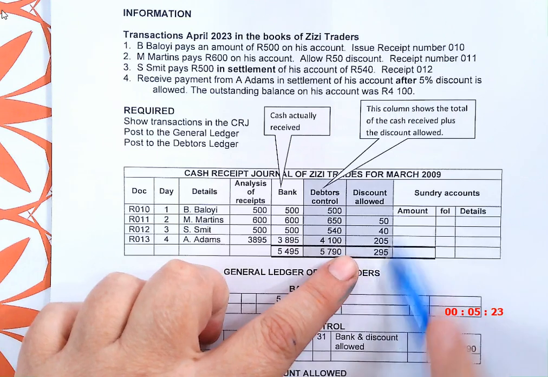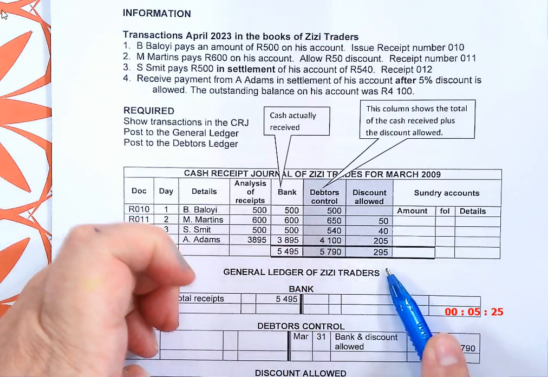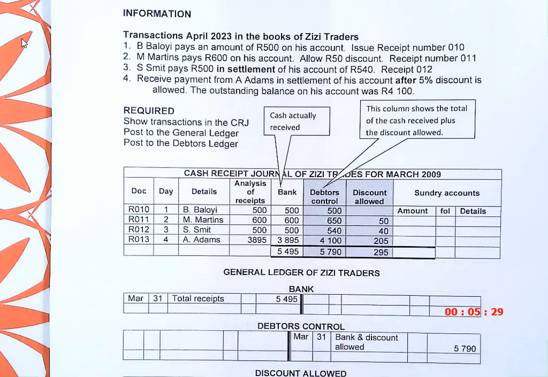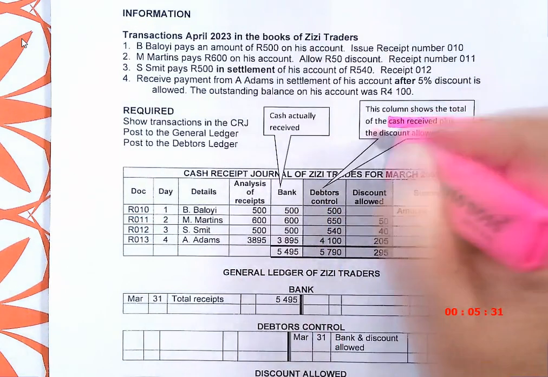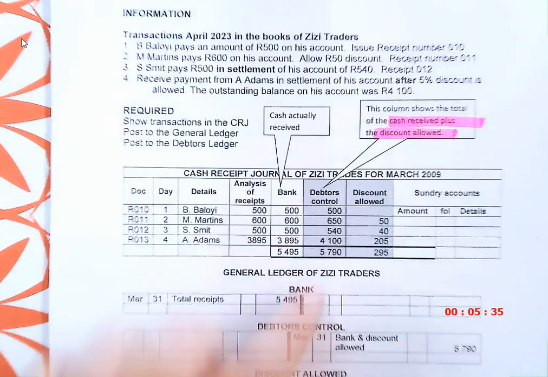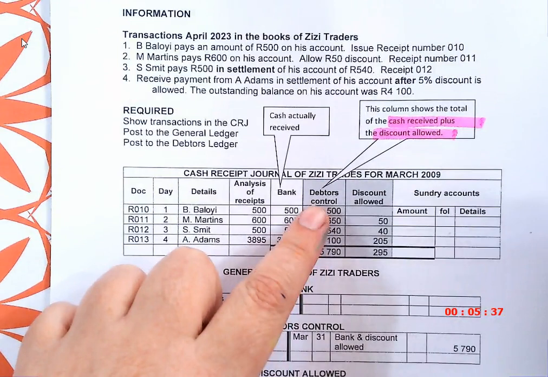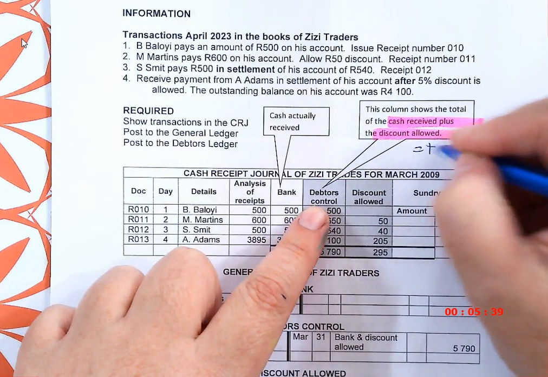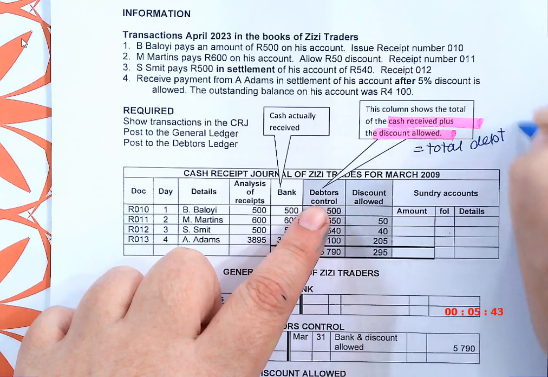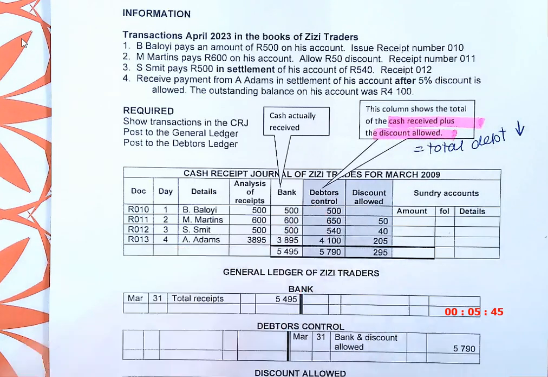If they give you a format like this, you know that this debtors control is the bank and the discount. So that's the total debt that's decreasing. Right. So let's go through this.